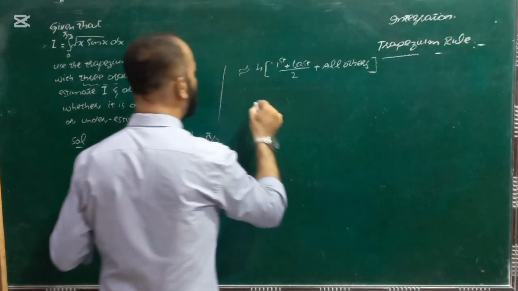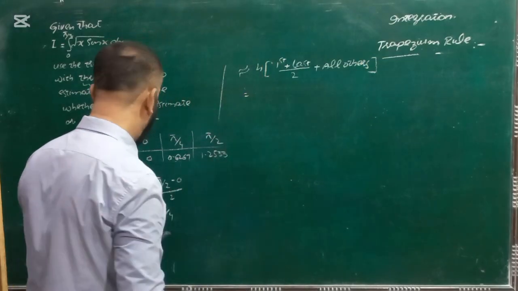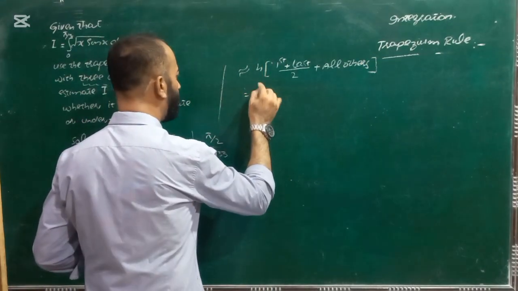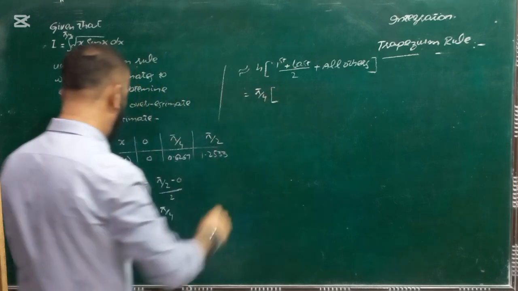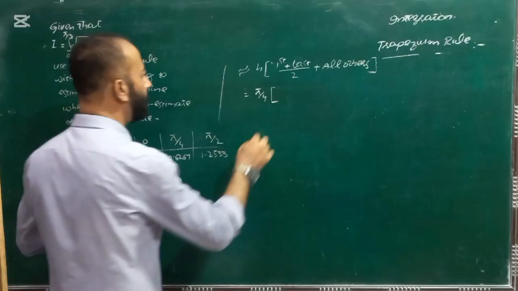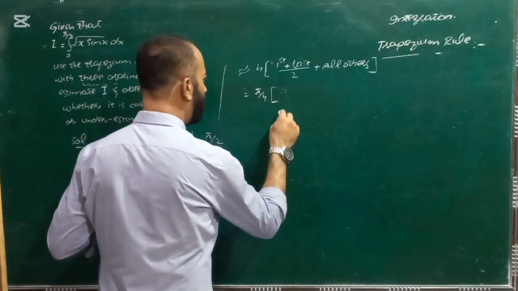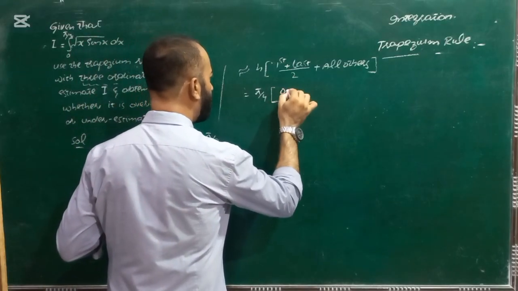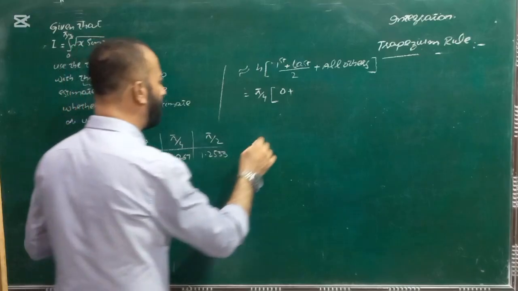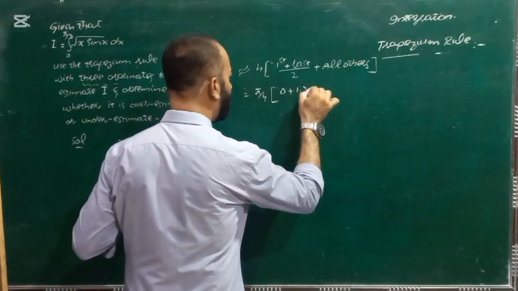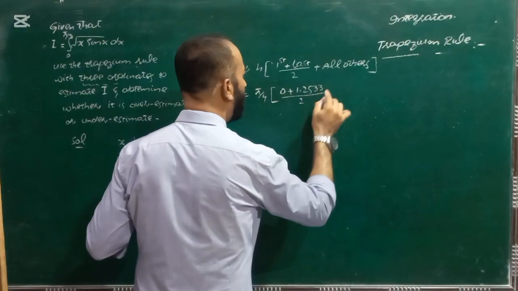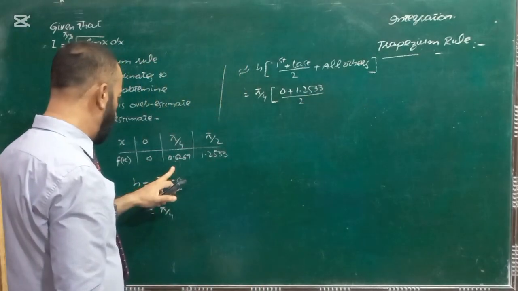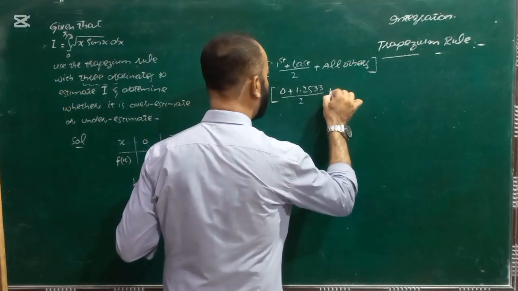Okay, putting values into the formula. h is pi by 4. First is 0. Last is 1.2533 divided by 2 plus all others, that is 0.6267.